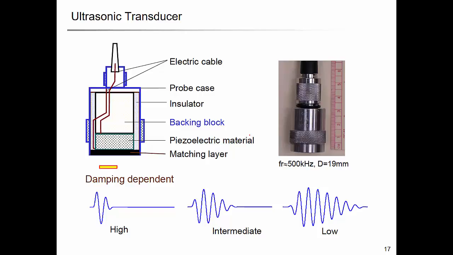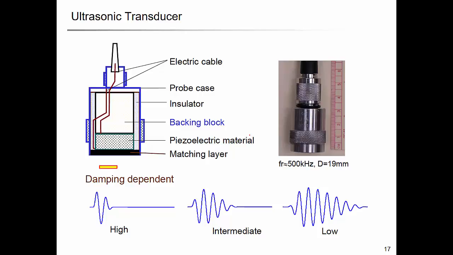Inside you have two wires. Maybe one side is positive and the other side is the negative part. So you need to have a coaxial cable, right? And a casing, and on the backside you have a backing material. This backing material decides the attenuation of this transducer.